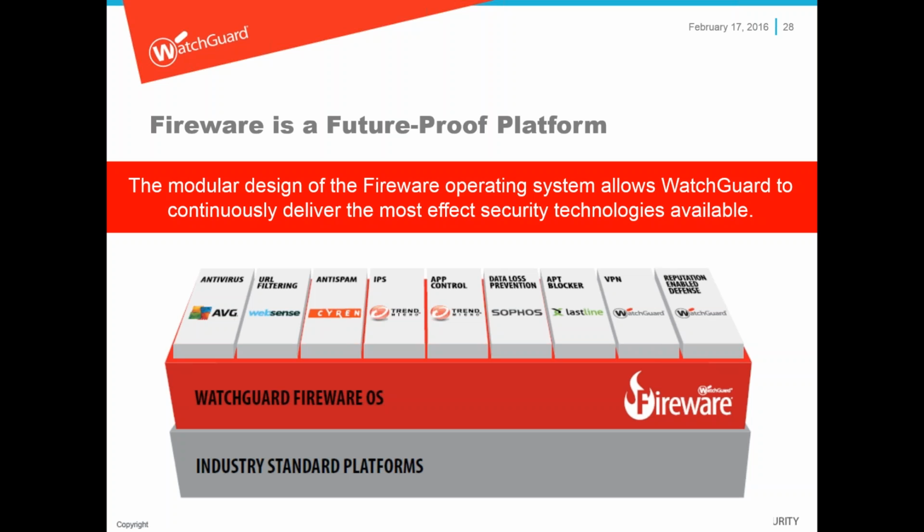So there's a whole bunch of industry-leading vendors in the solution. And not forgetting, of course, Lastline, who do our APT blocker and their sandbox technology. So all of these vendors seamlessly plug into our patented proxy technology, providing a bulletproof, secure, high-performing security appliance.